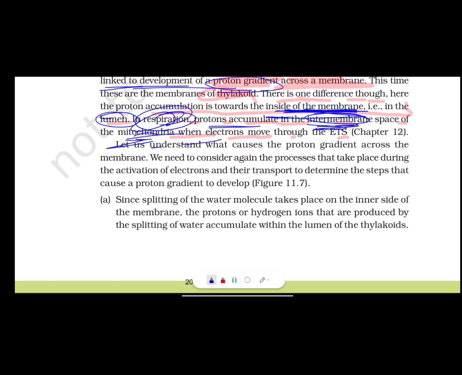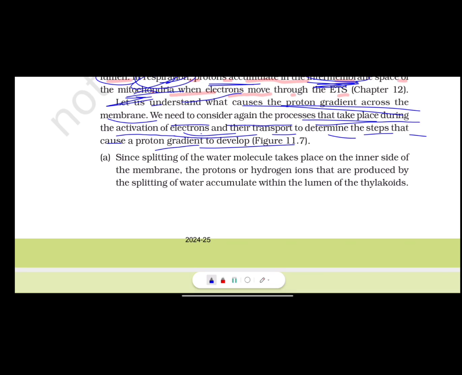Let us understand what causes the proton gradient across the membrane. We need to consider again the processes that take place during the activation of the electrons and their transport to determine the steps that cause a proton gradient to develop. So what are the causes of the development of the proton gradient? We are going to discuss it now.